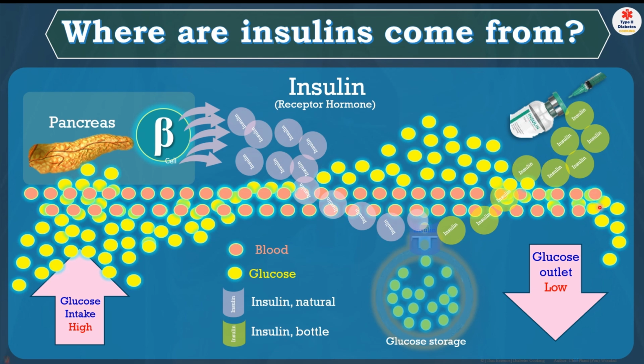And the amount that flows out to your body is lower. That means when you do the blood test, you don't have that much high blood sugar, no sugar spike. That's all it is. So you have the blood, the red one here, and the glucose, that's the sugar when you eat it. And the natural insulin that your body created, and then the insulin from the bottle that your doctor ordered for you. This is how it functions.